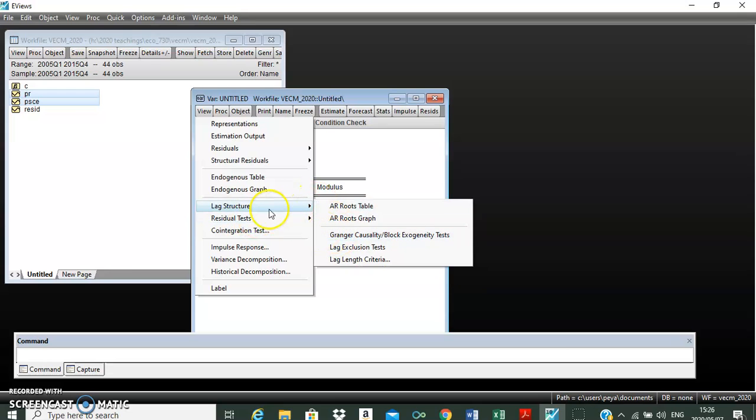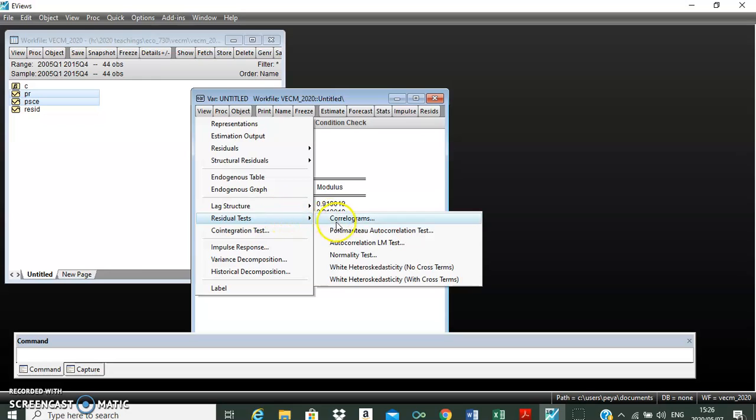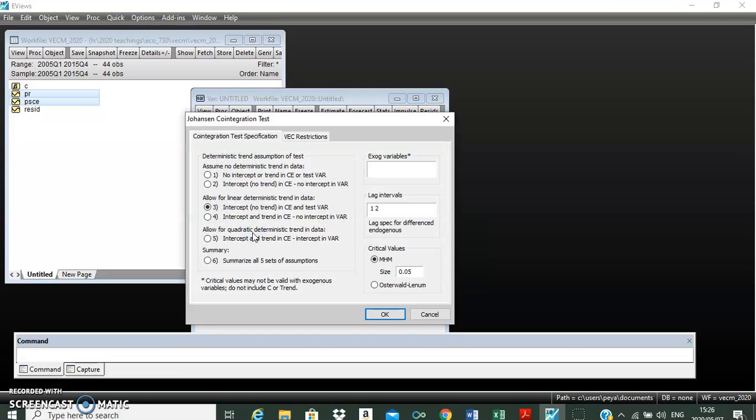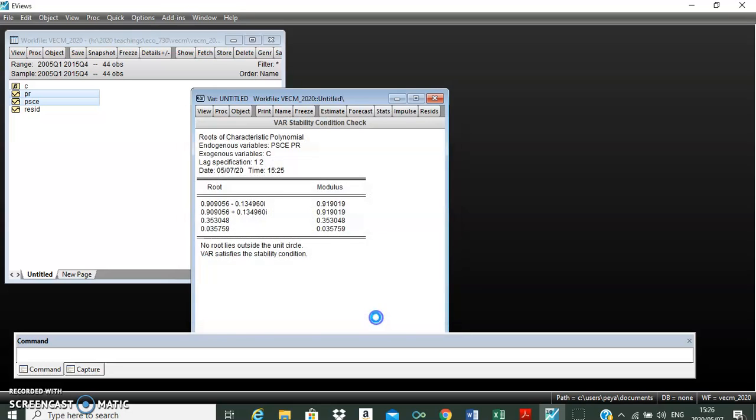If you remember from the VAR lessons, the residual tests is where you do your autocorrelation, normality, and heteroscedasticity. Here you just do the co-integration test. You don't have to change anything. You just click on OK.